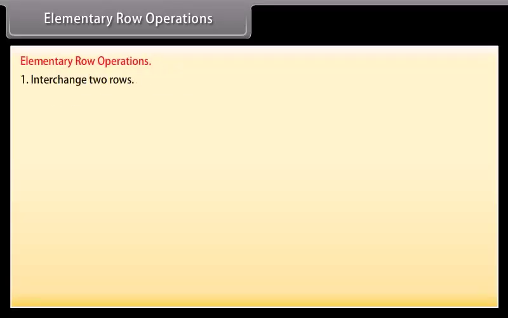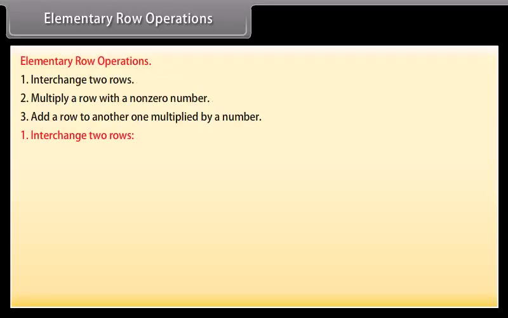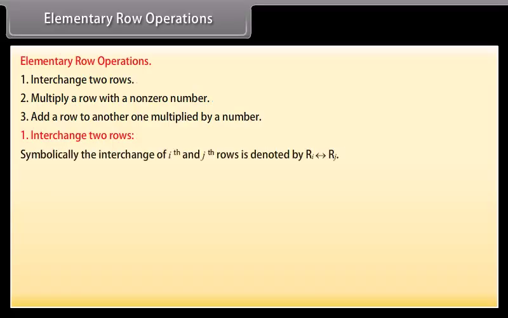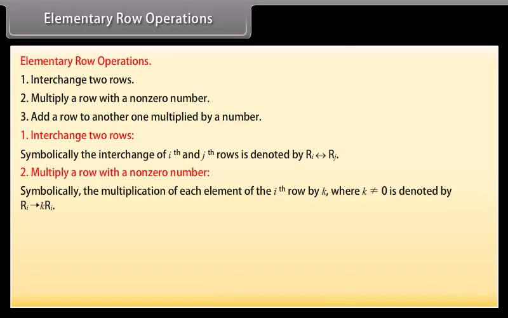Elementary row operations. Let us go through them one by one. Interchange two rows. Symbolically, the interchange of ith and jth rows is denoted as given below. Multiply a row with a non-zero number. Symbolically, the multiplication of each element of ith row by k, where k is not equal to 0, is denoted as given below.